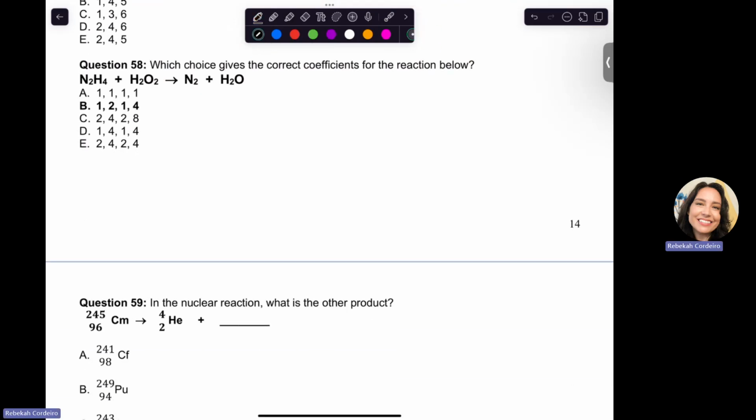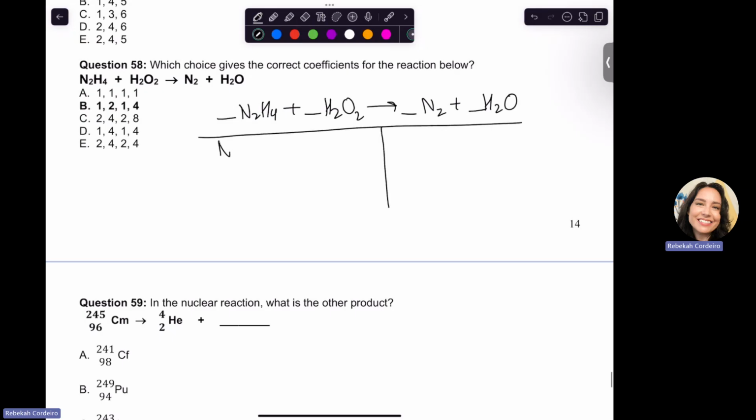This is just a balancing question. So N2H4, H2O2, N2 plus H2O. We don't have any little tricks to pull here. We just have to count H's and O's. What I like to do is say if I have H's in multiple places, let's call these blue H's and let's call these green H's.